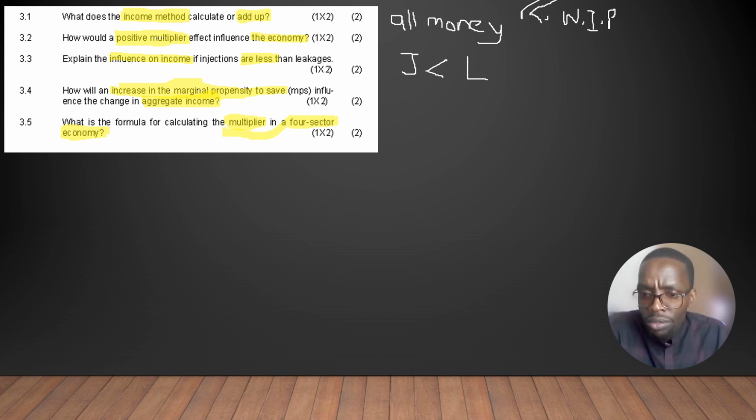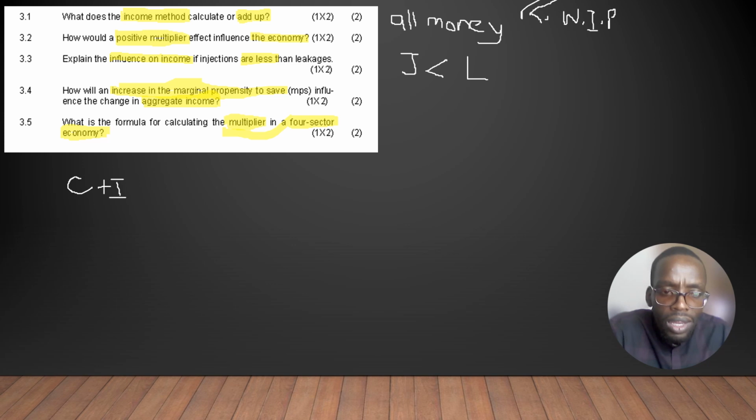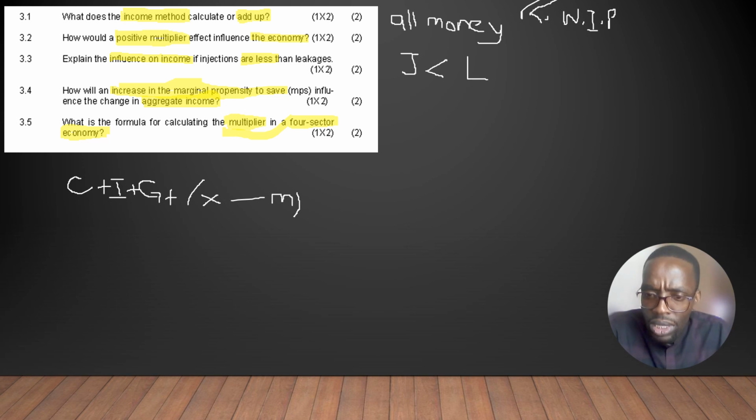Remember, we said when we have our open economy, the formula is going to be C for spending, plus I, plus G, plus X, minus M.